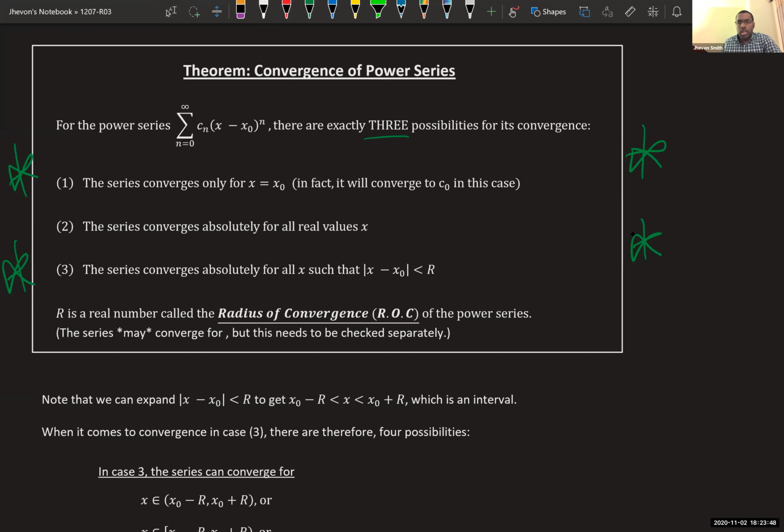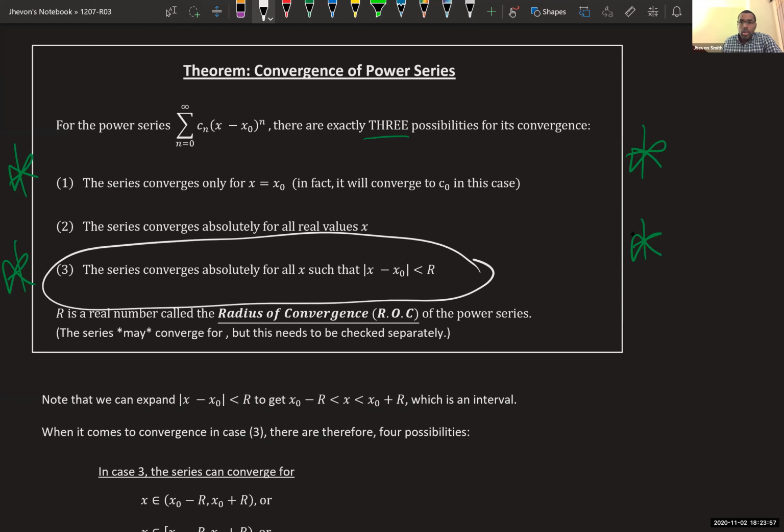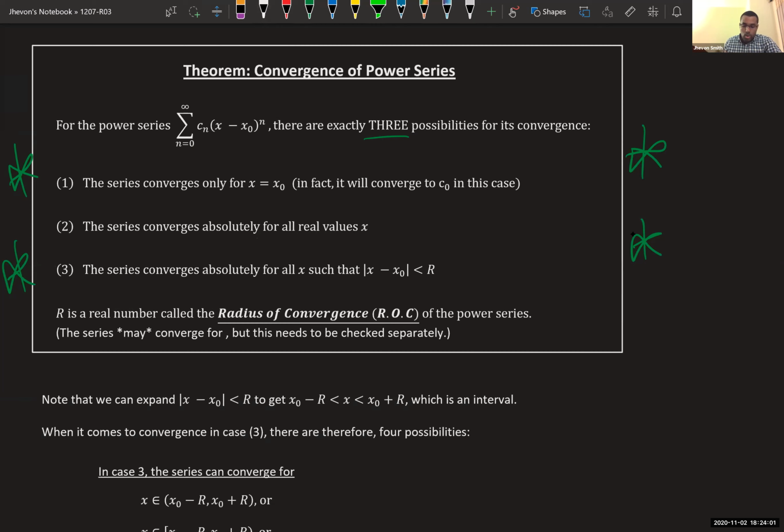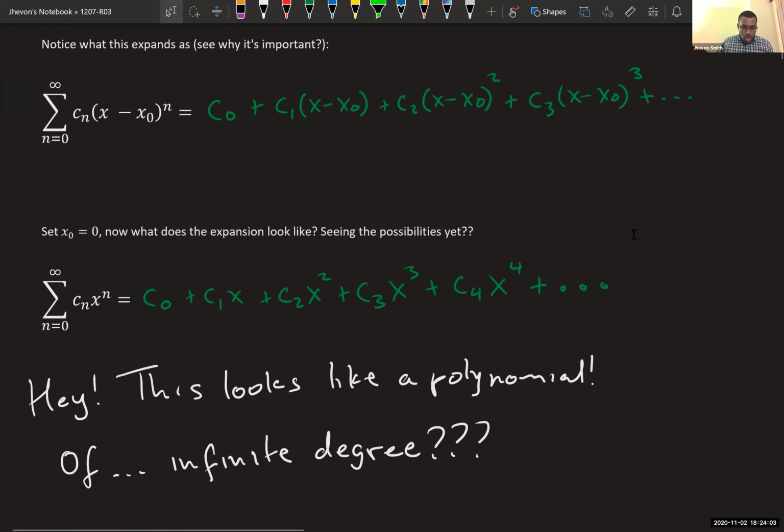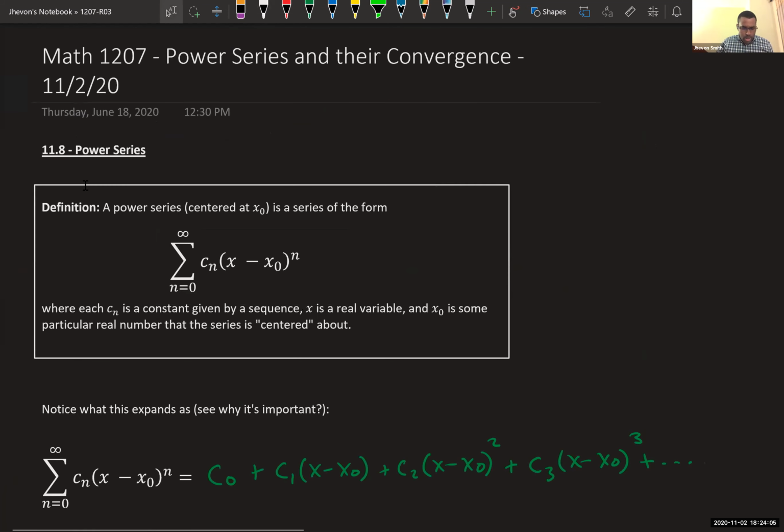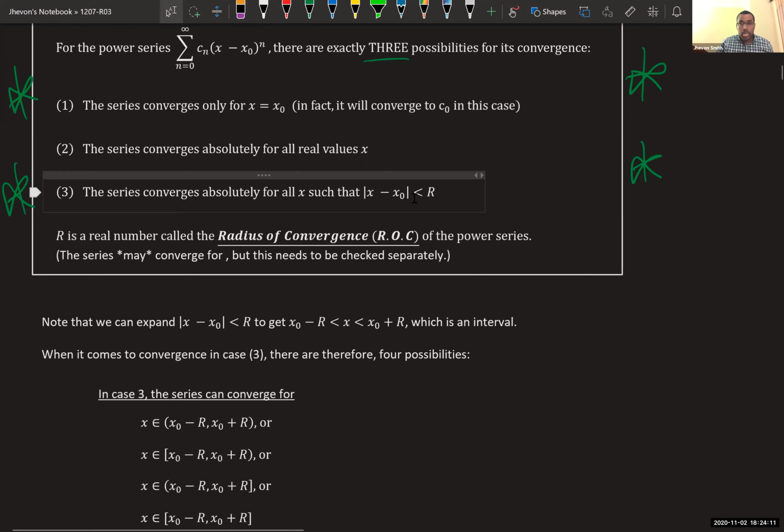A third possibility is that it's not going to work for everything, but it's going to work on a certain interval. And it's going to work at an interval in which x naught is going to be the center point of that interval. And that's where the language here comes from. So earlier when I defined it, we defined a power series centered at x naught in parentheses. And that language really comes from this third possibility here.